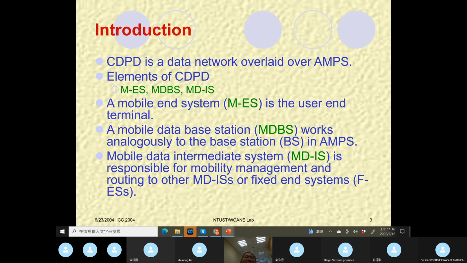Well, if you want to study, of course, you need to understand the system. So here, you need to understand CDPD. Right now, the system here is CDPD. It is a data network overlay with a voice system.